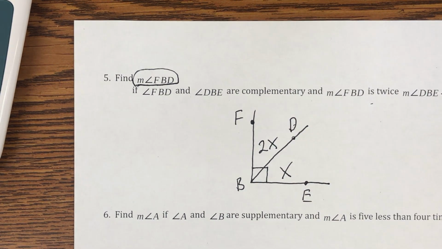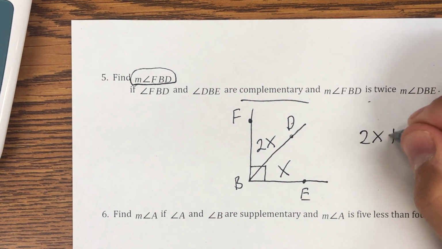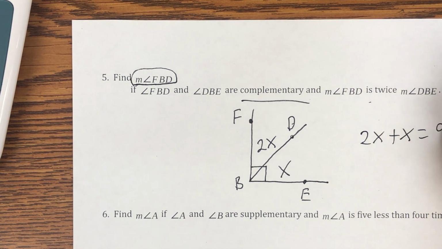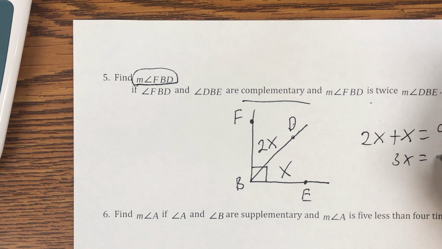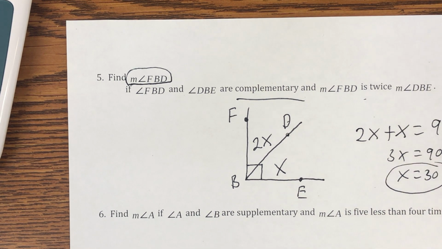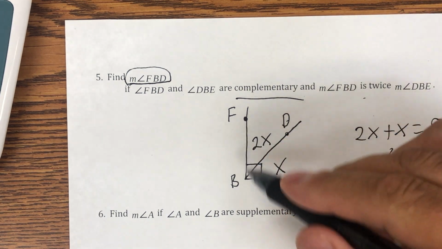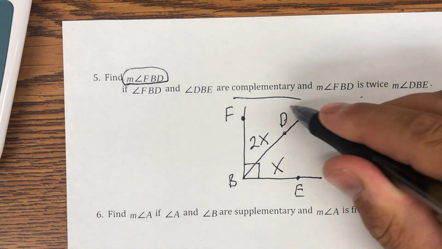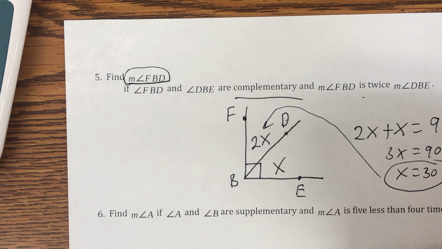Together, these two have to add up to 90 because they're complementary. So 2X plus X equals 90. 3x equals 90, and x is equal to 30. And the angle we were supposed to find was FBD, so I have to plug 30 back in for FBD. So FBD is 60.